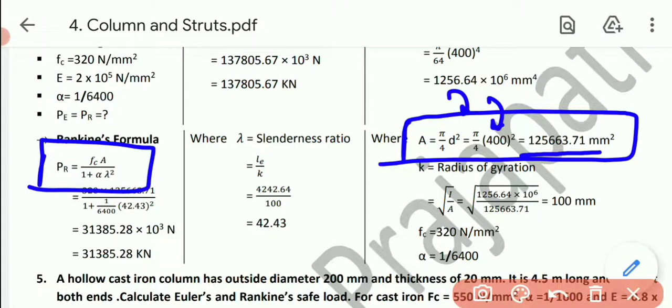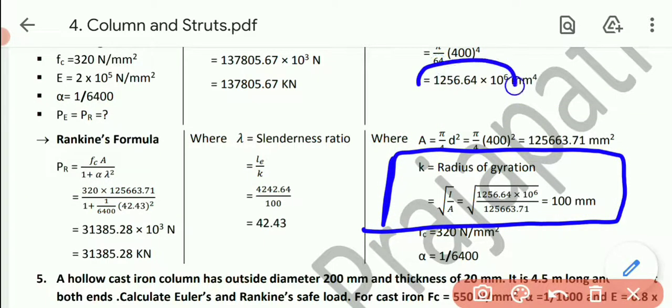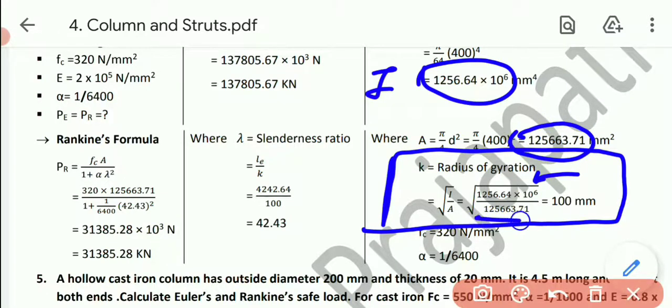Then in order to get lambda, first of all I need to calculate K, the radius of gyration. The formula is root of I by A. I is already calculated over here, that is 1256.64 into 10 raised to 6, and area is this one, 125663.71. By simplifying this I will get K, that is 100.